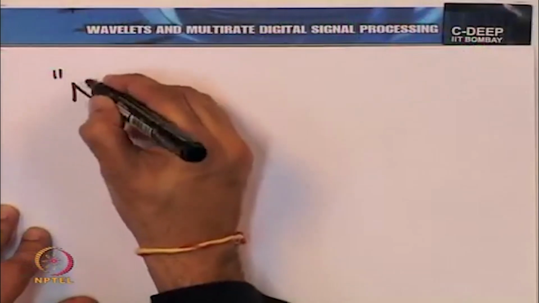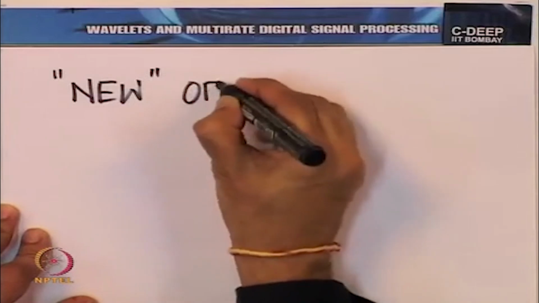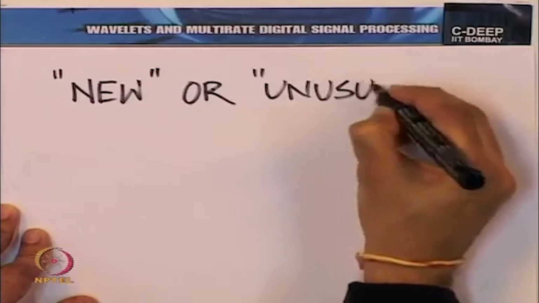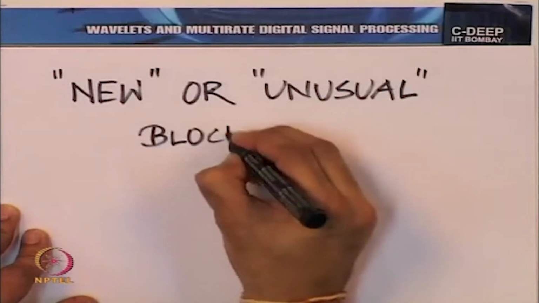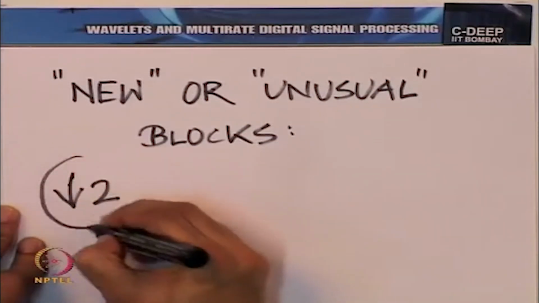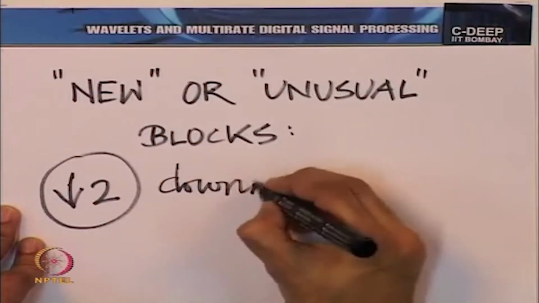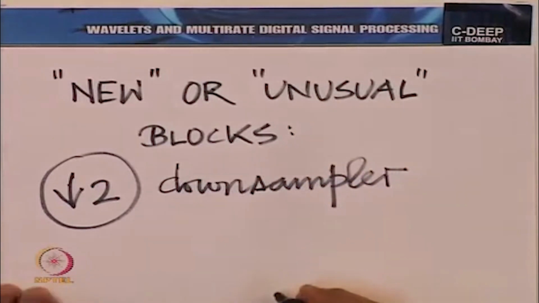So, the unusual or the new blocks: the downsampler, and you know what the downsampler did.